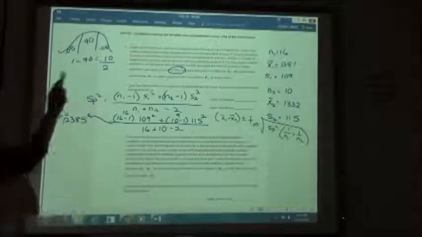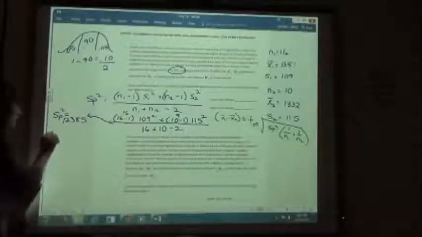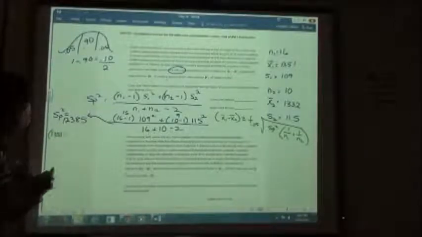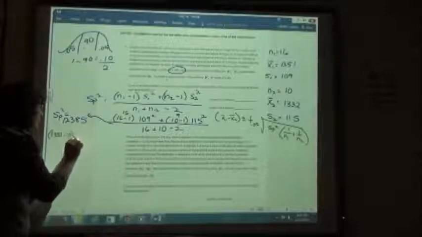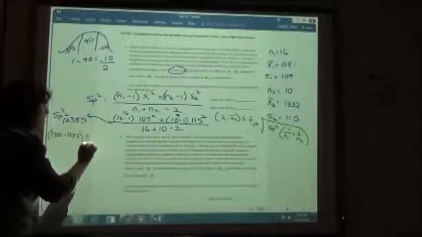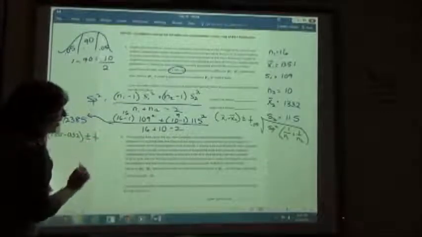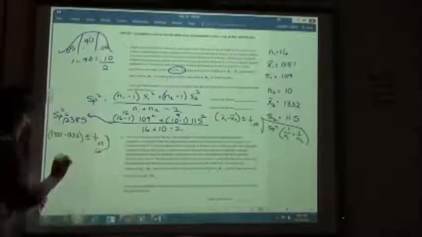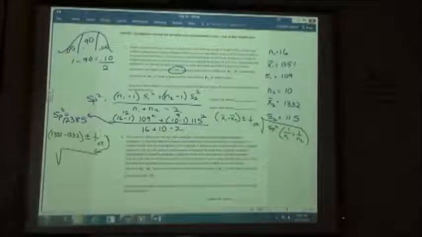So on this problem, I'm just going to sneak it over here. Mean 1 was 1,351 minus mean 2, 1,332, plus or minus t sub 0.05, and then right behind that, but I can't fit it in, is my square root.